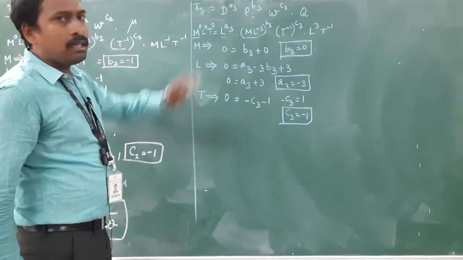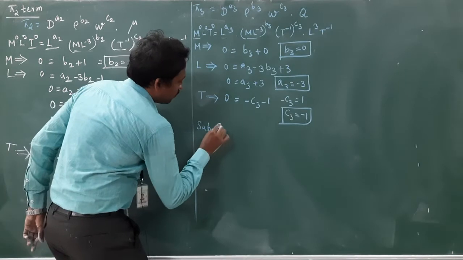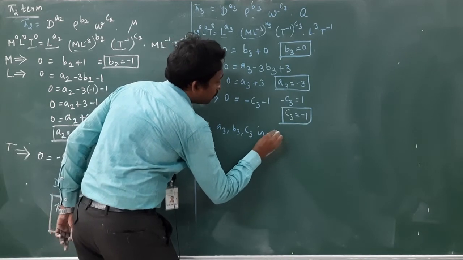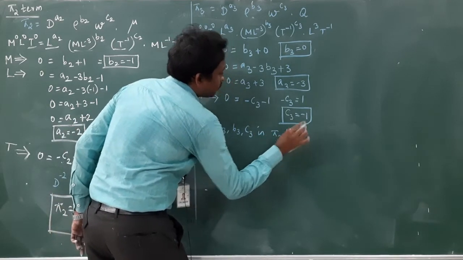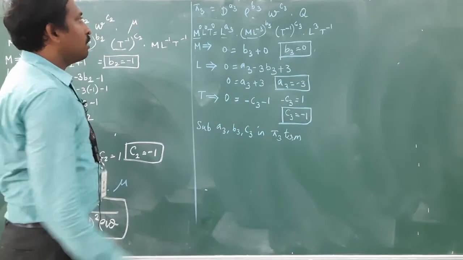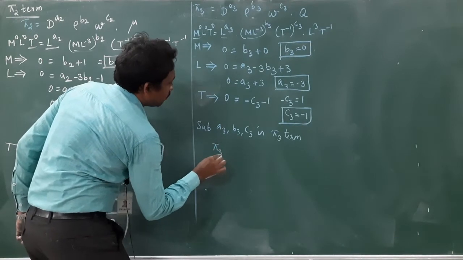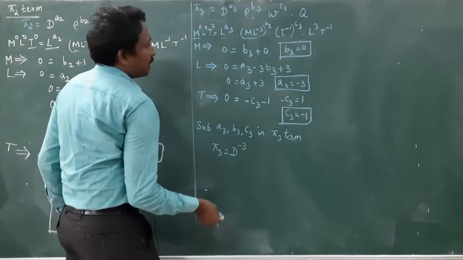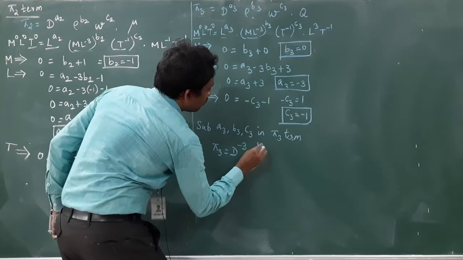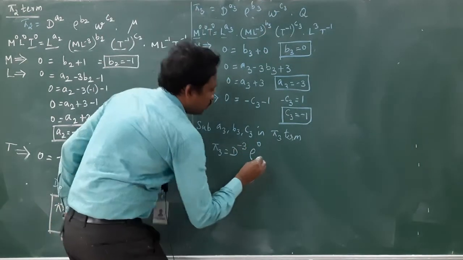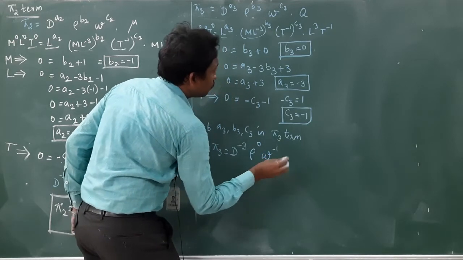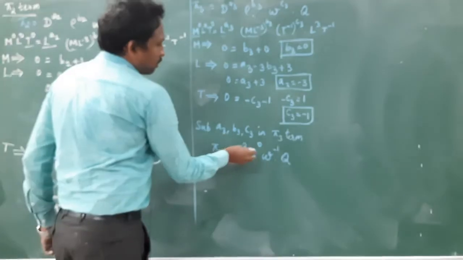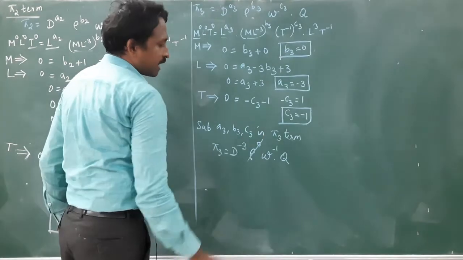Substitute A3, B3, C3 in the pi 3 term. In the third pi term, substituting the values of A3, B3 and C3, pi 3 is equal to D power A3, which is minus 3, then rho power B3, rho power 0, omega power C3, omega power minus 1 into Q. Here the rho power is 0, so we can cancel this.